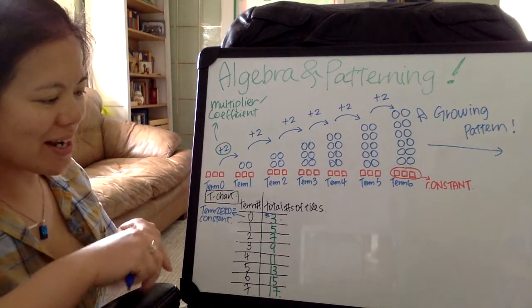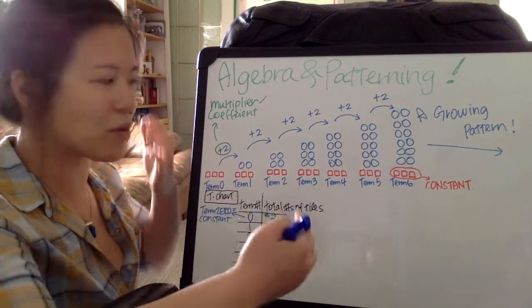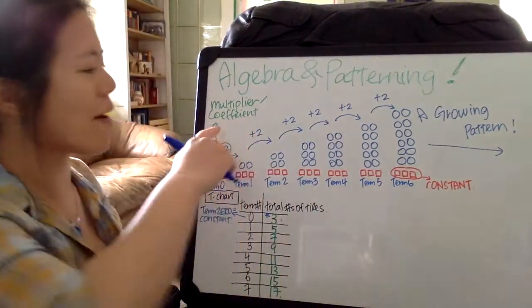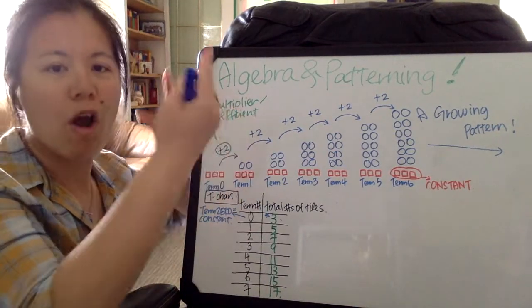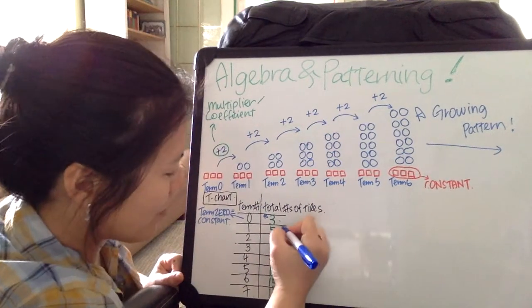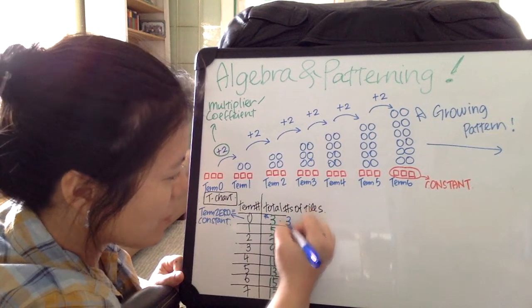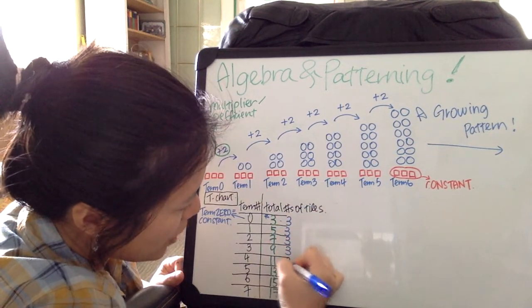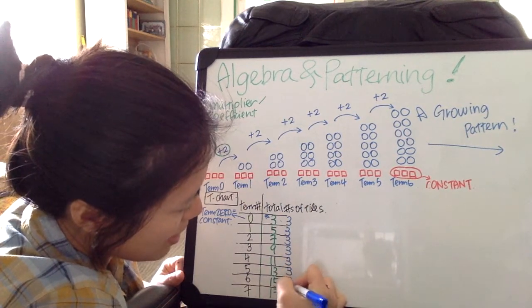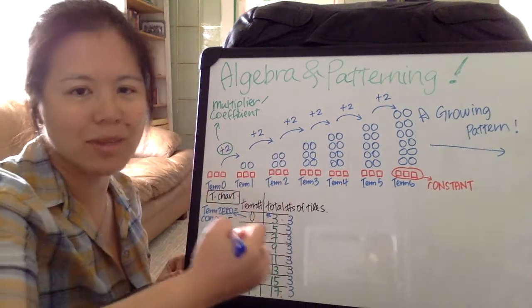So how can I now represent how the number is growing? We talked about how it is going by 2, and it's called a multiplier or coefficient. So 3 is going to be there because this is the constant. No matter which term number we look at, 3 is always going to be there.